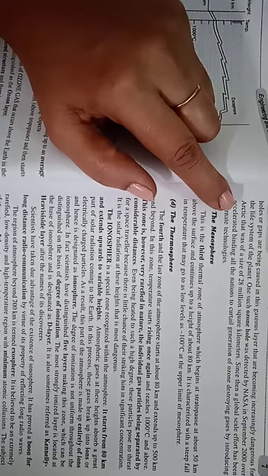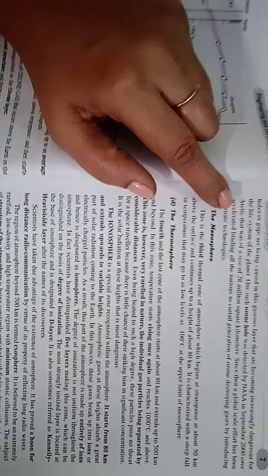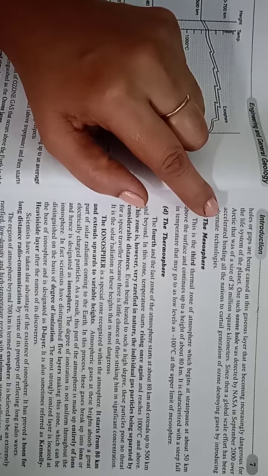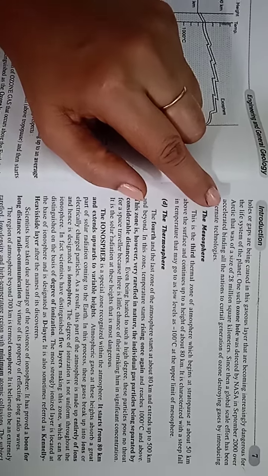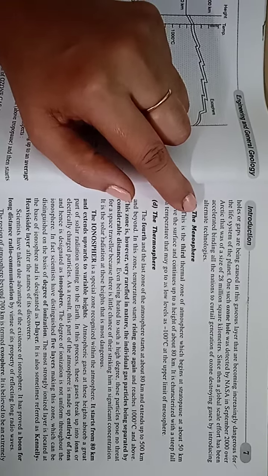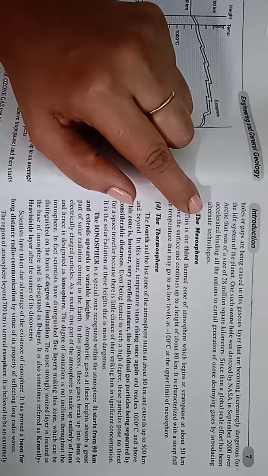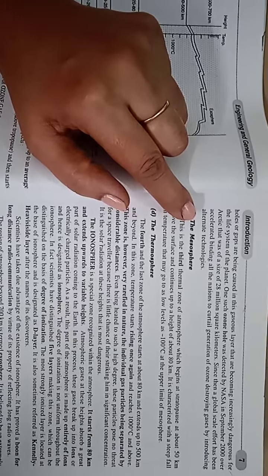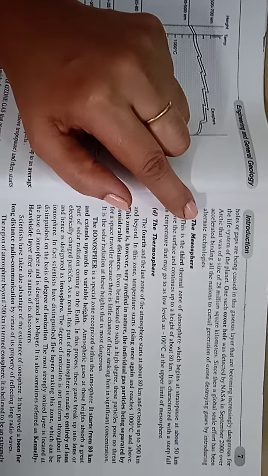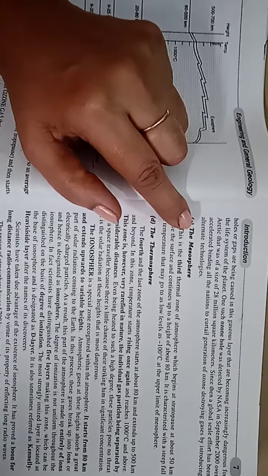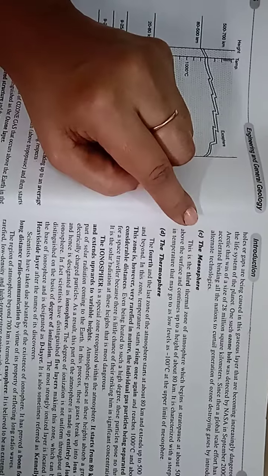One such ozone hole was detected by NASA in September 2000 over the Arctic, with a size of 20 million square kilometers. Since then, global-scale efforts have been accelerated, binding all the nations to curtail the generation of ozone-destroying gases by introducing alternate technologies.